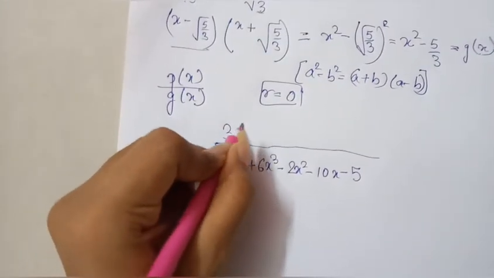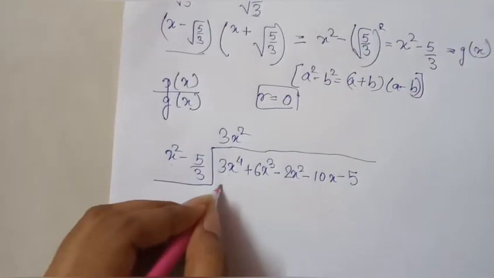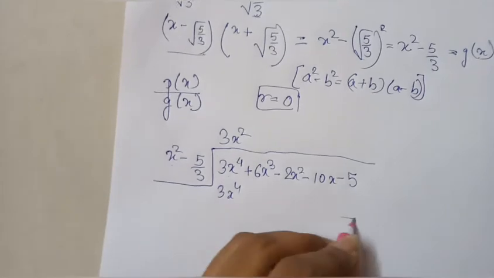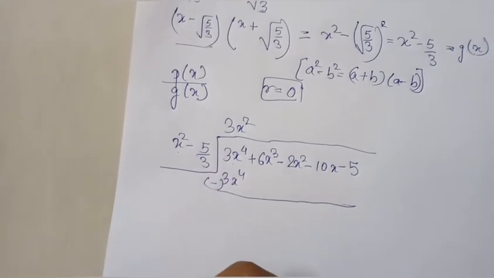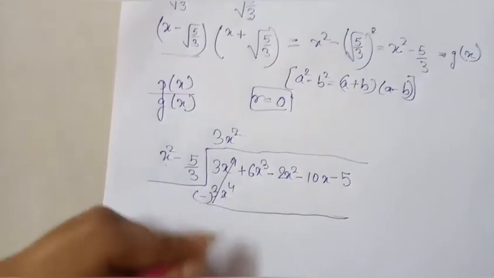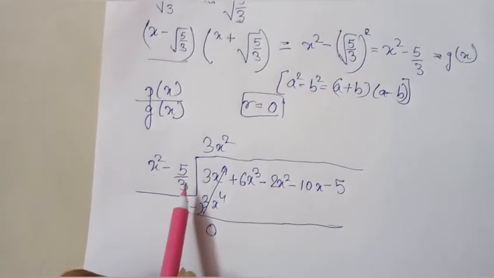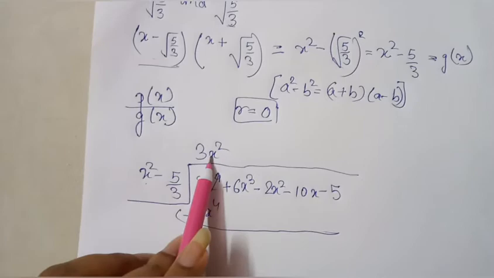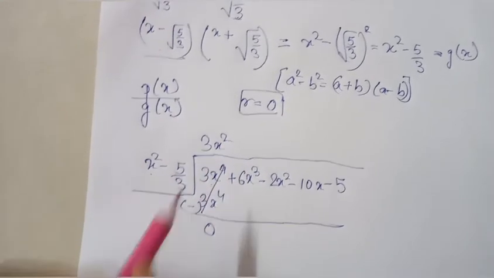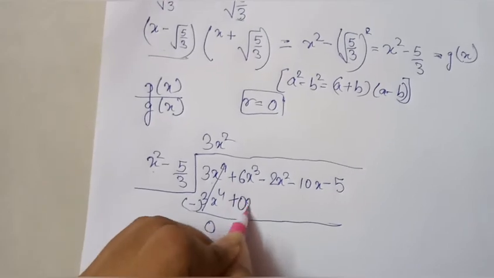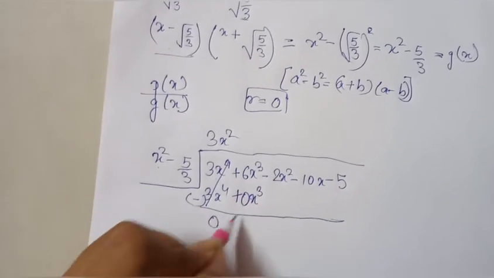You know, 3x square. So we'll multiply it, and what we got? 3x^4. We'll change the sign and it is 0. Now we'll multiply this, and this will give us the x square term and not the x cube term, so we'll write 0x cube.